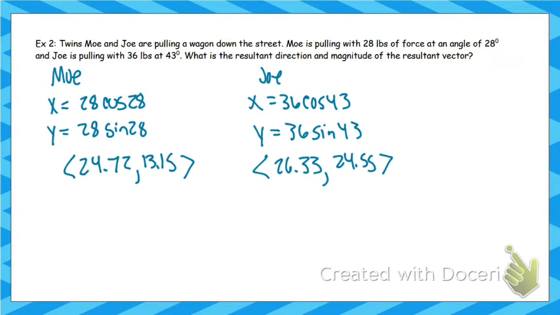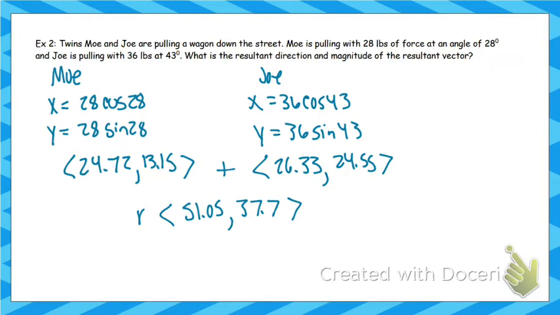Now to find the resultant vector, we add those two together. If I take Mo's component plus Joe's component, that's going to be the resultant. So my resultant here is going to be 51.05, and then add our y's together, which gives us 37.7. Now we know the component form. But to answer our question, what makes sense in the real world is talking about the direction and the magnitude.